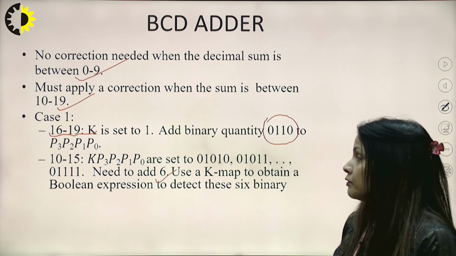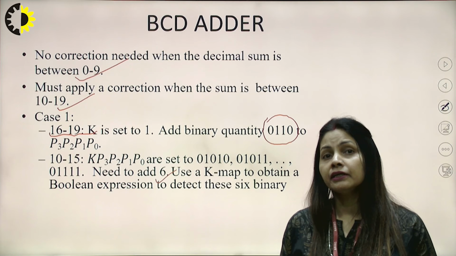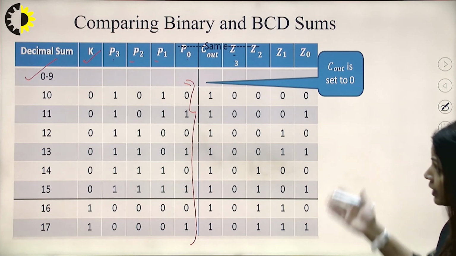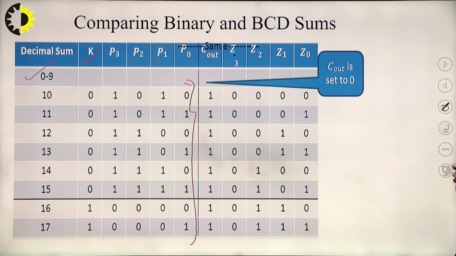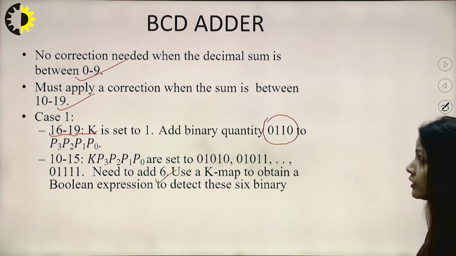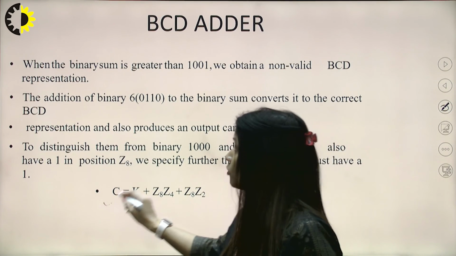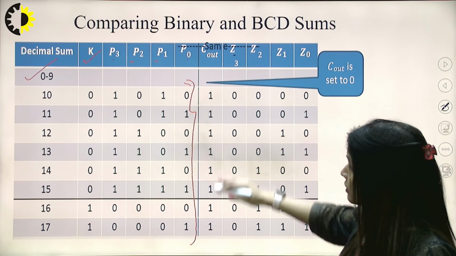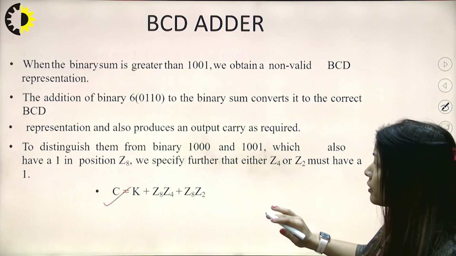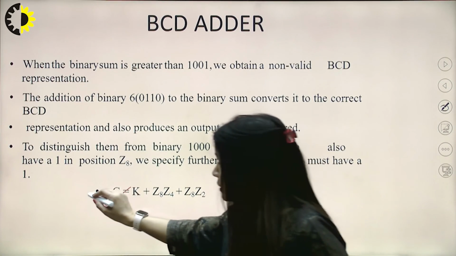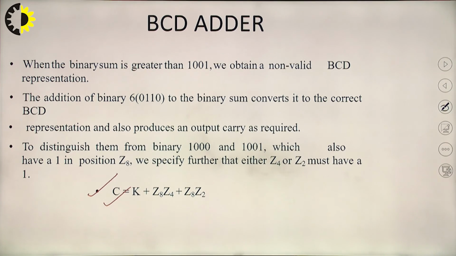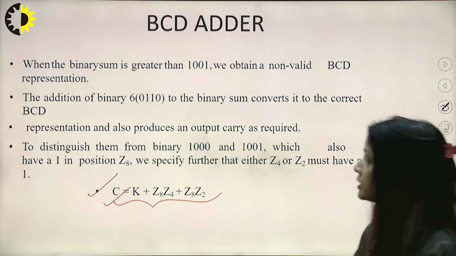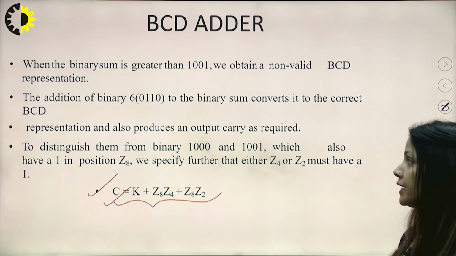Now, we can apply the K-map procedure for solving this truth table. The truth table has been made and we need to apply the corrective action, and we will solve the K-map for the C out. For the designing of the BCD adder, we can solve from the K-map, that will come out to be C equals K plus Z8 Z4 plus Z8 Z2.